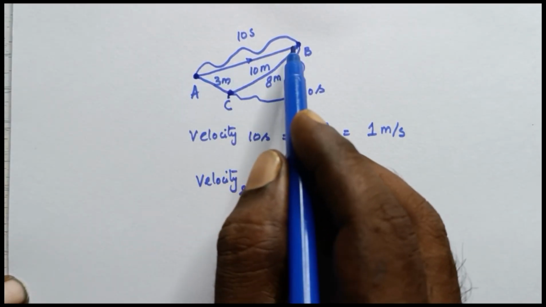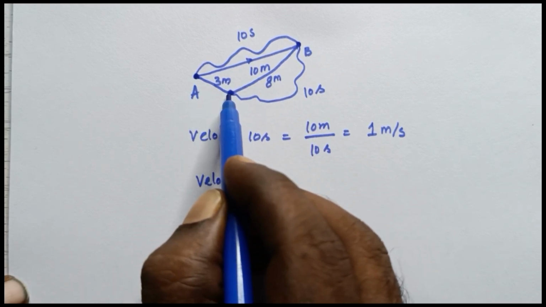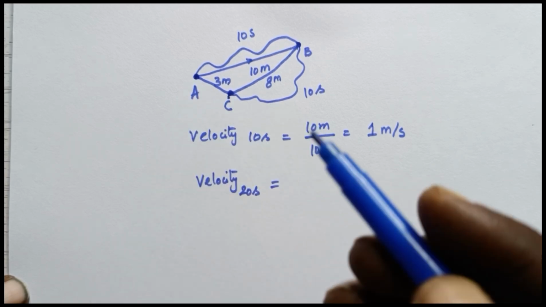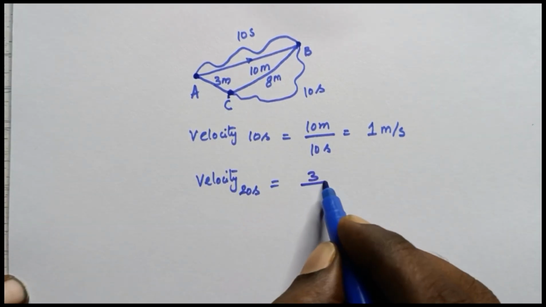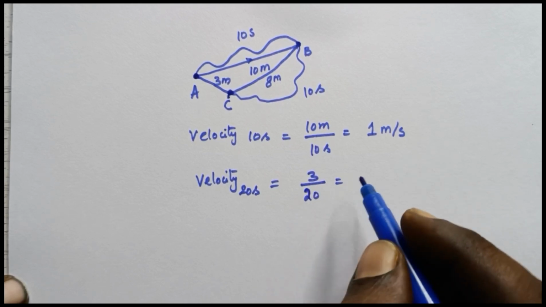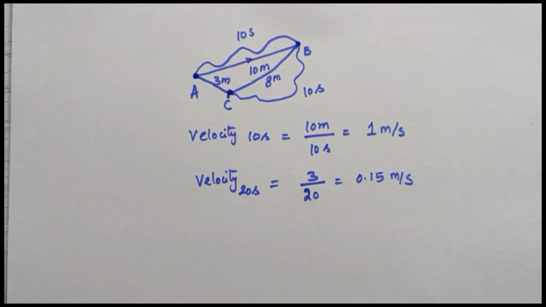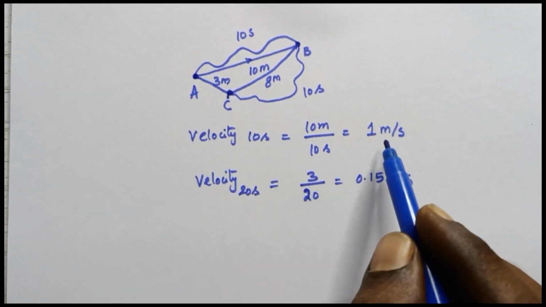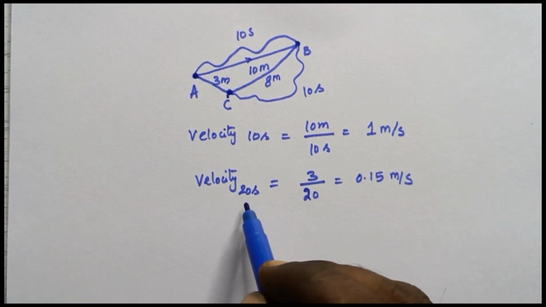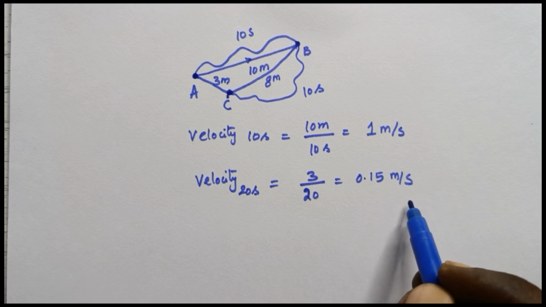So, இங்கே ஒரு 10 seconds, இங்கே ஒரு 10 secondsல the body is traveling to the point C. So, the shortest length from A to C is equal to 3 meter divided by total time 20 seconds, and this is equal to 0.15 meter per second. So, first 10 secondsல அதனுடைய velocity வந்து 1 meter per second. In the next 20 seconds கழிச்சு அது பார்க்கும்போது அதனுடைய velocity வந்து 0.15 meter per second.